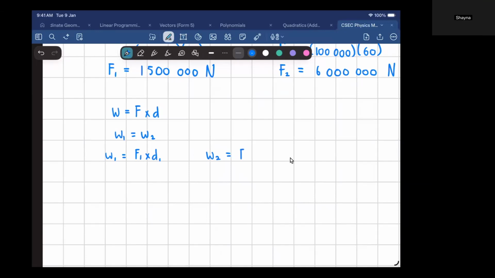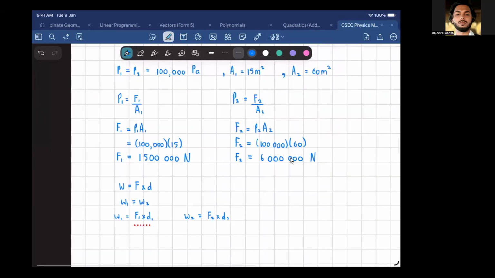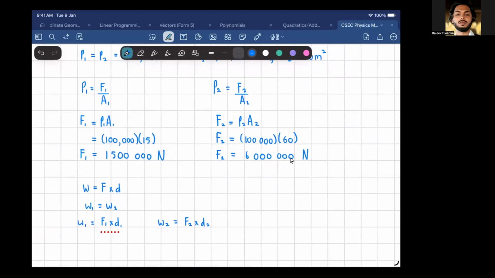F2 by D2. Are the forces felt on the pistons the same? No, sir. They're not the same, but we know that the work done needs to be the same. Exactly. You can't create energy. Whatever energy input needs to be the output.